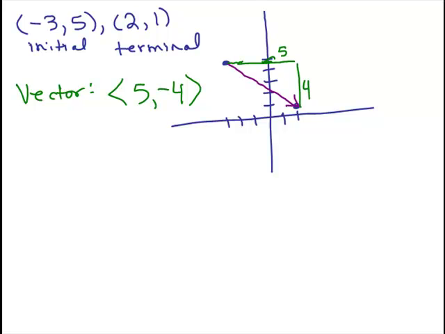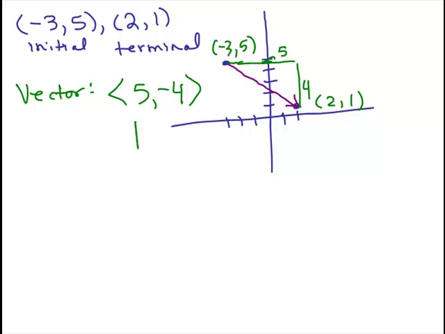All right. Now, you wouldn't want to have to always draw this. So can you think of another way you might do that? Well, if you're going to end here and you started here, that's just really the difference of the x values. If you think of these ordered pairs, negative 3, 5 and 2, 1. So you're taking the difference of the x value. So you have to take the second ordered pair's x value and subtract the first ordered pair's x value.